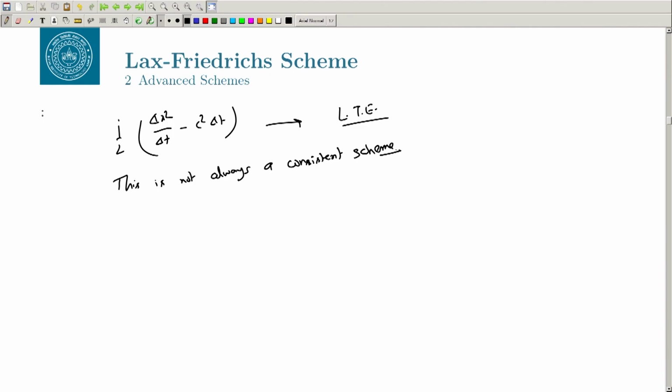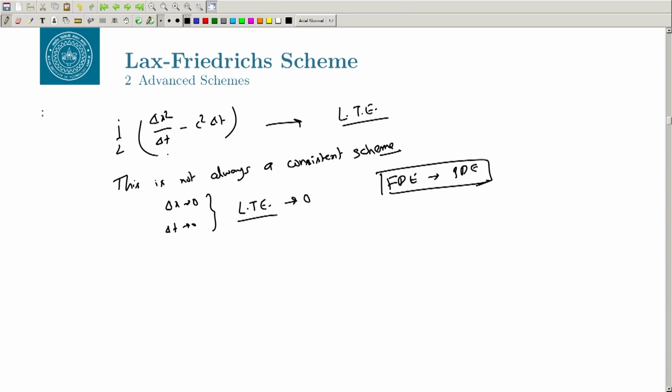Recall the definition of consistency: as delta x tends to 0 and delta t tends to 0, all the truncation errors should go to 0. That means your finite difference equation should become the PDE exactly.